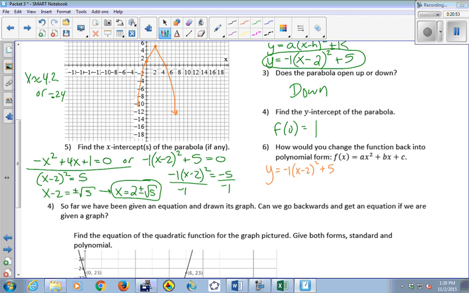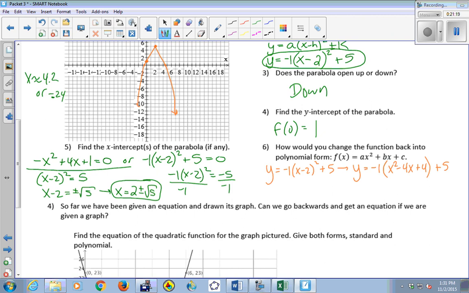Which should I do first, squaring or multiplication, according to PEMDAS? Squaring, yes, I'm going to square x minus 2 first. So this becomes y equals -1 times, when you FOIL x minus 2 times x minus 2, you get x squared minus 4x plus 4.